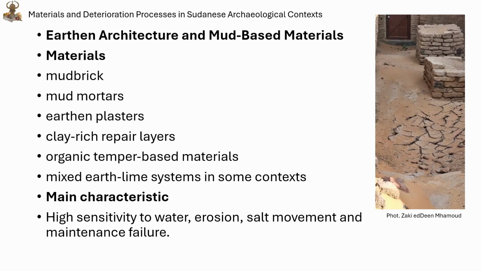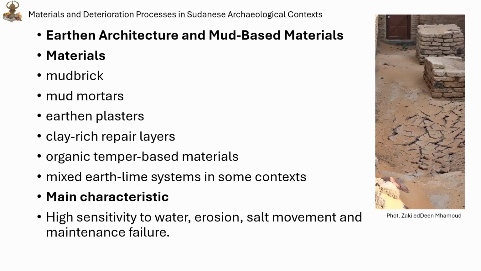These materials can be highly durable when maintained within traditional cycles of repair and protection. However, after excavation and abandonment, their vulnerability increases sharply. The main weakness is not simply that earthen material is fragile.